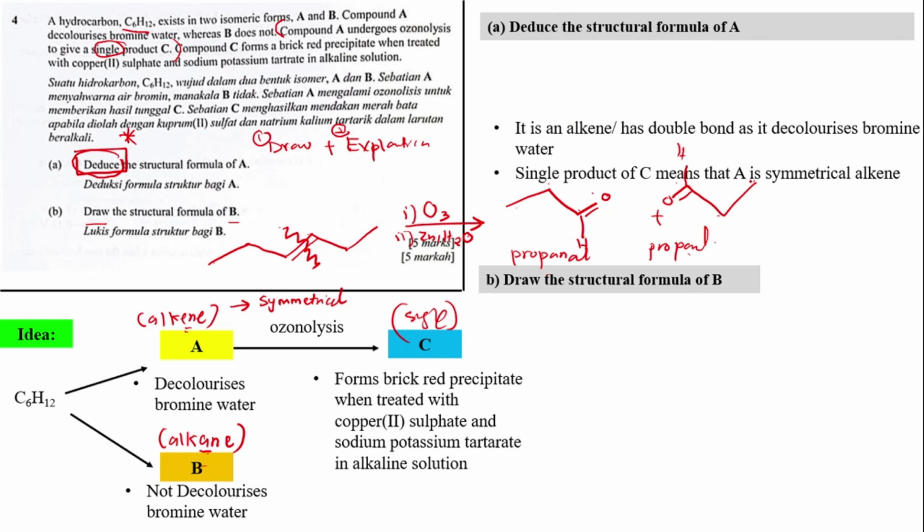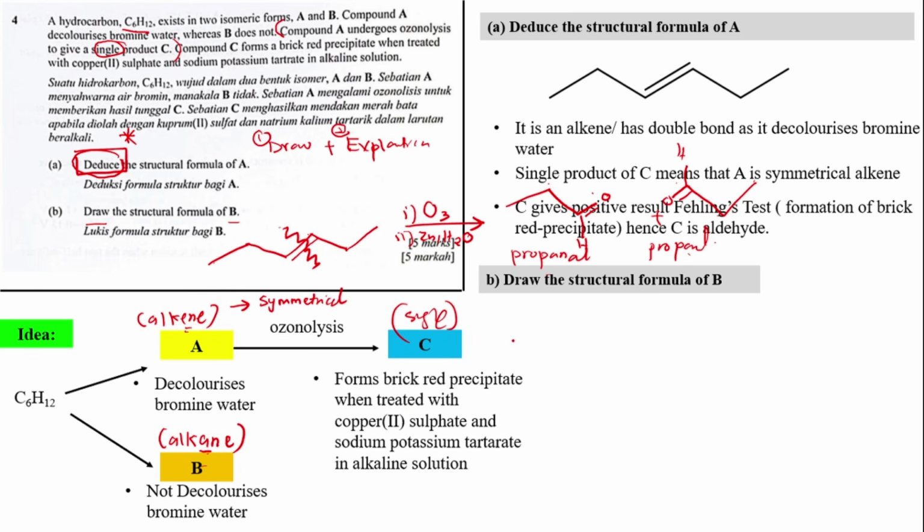Single product of C means that A is a symmetrical alkene. Symmetrical maksudnya kiri dan kanan adalah sama. This is my structure here, and C will give a positive result to the Fehling test, which is the formation of brick red precipitate, because we know that C is an aldehyde as I have shown in the equation here. So this is how you should answer question 4A.